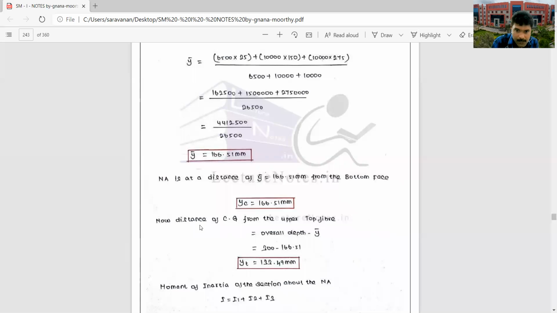The distance of the CG from the top flange is the overall depth, 300 mm, minus 166.51, which is 133.49 mm, that is YT.